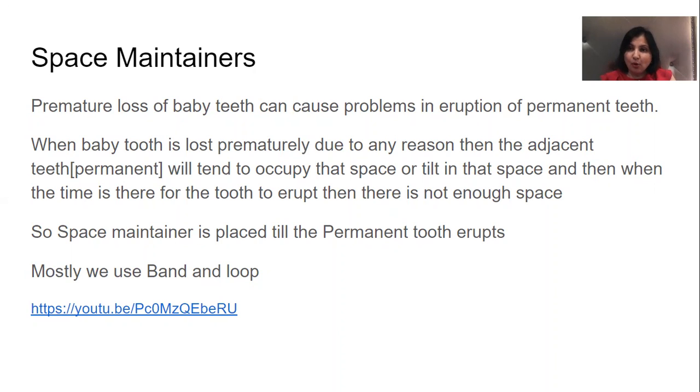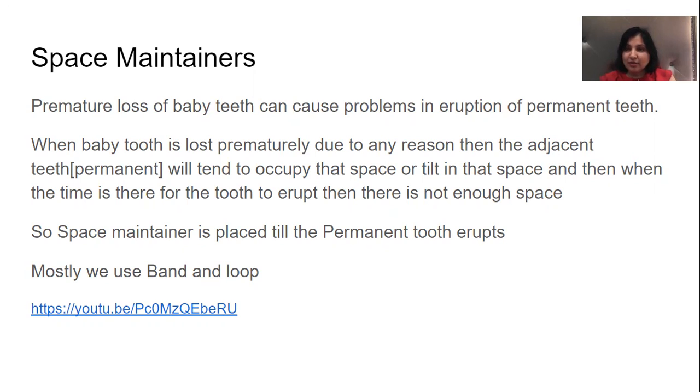I have done both. It's totally up to you. Obviously the one where you send it to the lab is a bit more expensive, but in a few cases, if the kit is not going to work, then you have to send it to the lab. So that is about space maintainers.